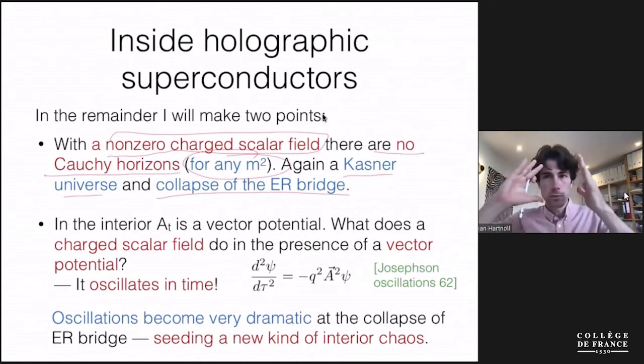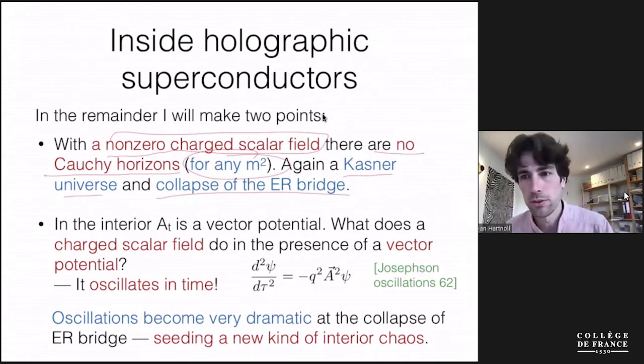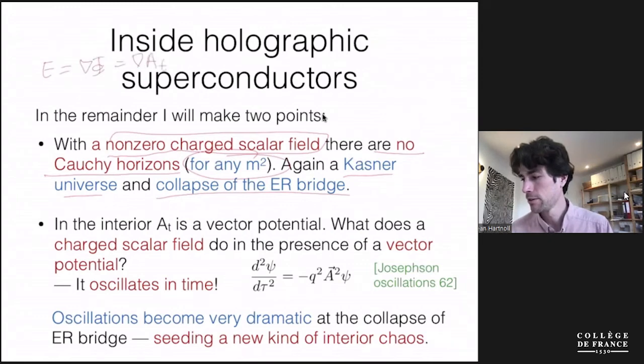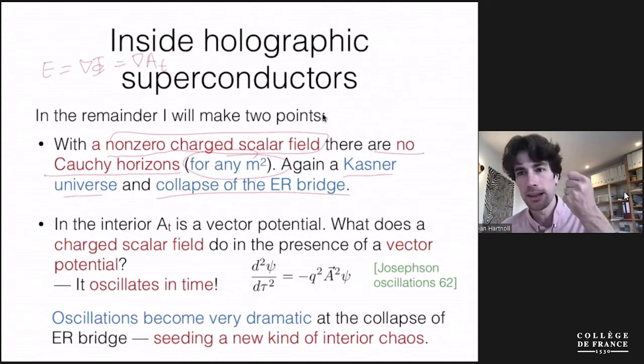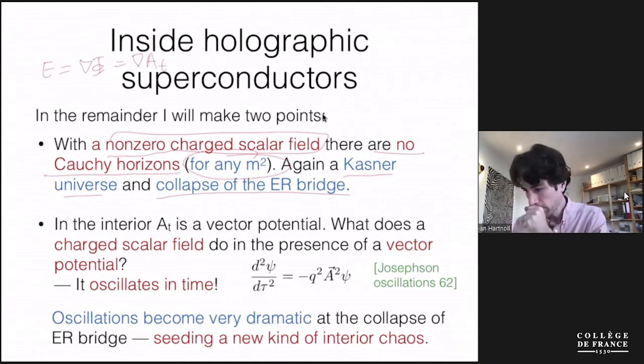When you have a charge, there's an electric field outside the black hole. So what's an electric field? It's E, and E is the gradient of the electrostatic potential, which is like grad of A_t. So A_t is the electrostatic potential. But inside the horizon, remember t becomes space-like.